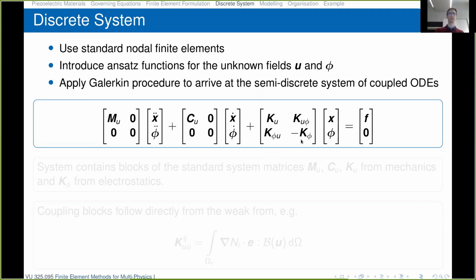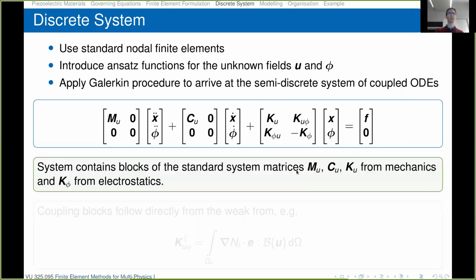And we have in the stiffness matrix the standard stiffness matrix components from mechanics, K u, and from electrostatics, K phi. And we have the coupling stiffness matrices, K u phi and K phi u, that come from the bilinear forms where we had the mixed ansatz functions from one PDE and unknown functions from the other PDE.